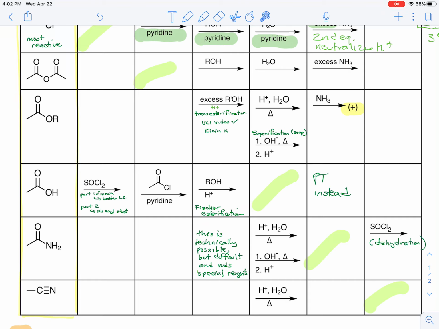A pretty classic reaction. We can't do this reaction in base. And the reason we can't do this reaction in base is that the base would pull off the proton and then that's the end of it. And in a similar vein, if we react a carboxylic acid with an amine, all that happens is you get a proton transfer.